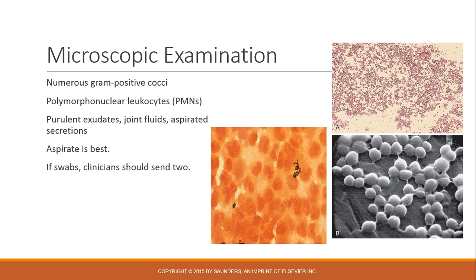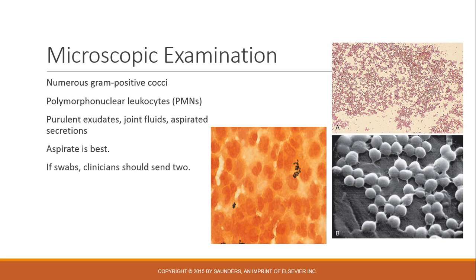So microscopic examination, we're going to see a large number of gram-positive cocci if it's an infection caused by a Staphylococcus organism. Then when we do our gram stain, we're going to see a lot of gram-positive cocci usually. We're going to see a good amount of white cells, PMNs.